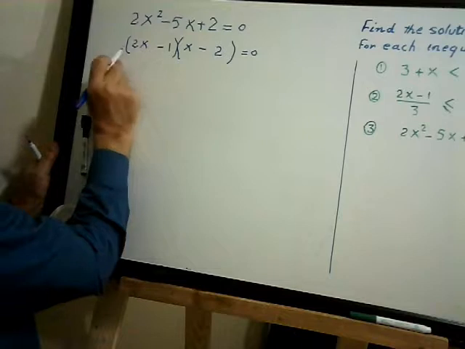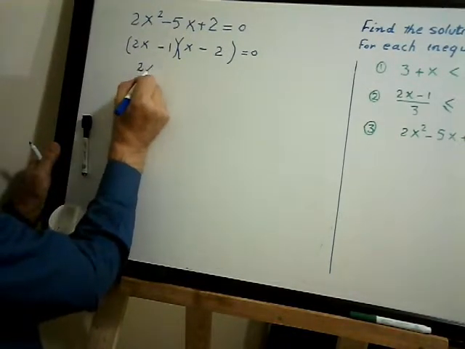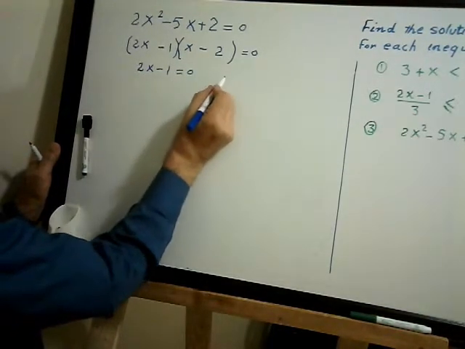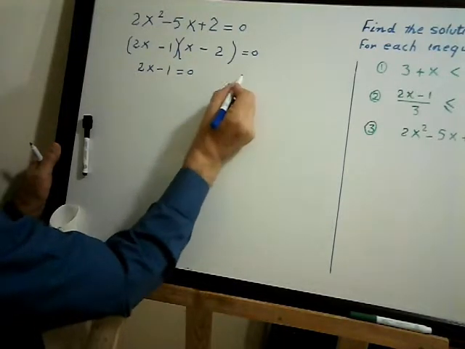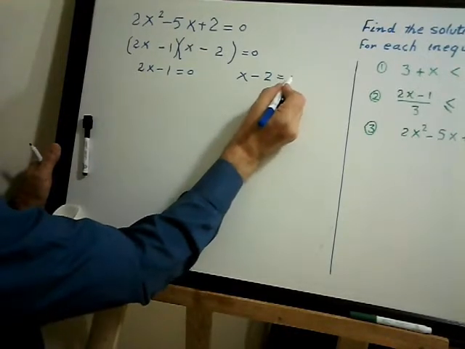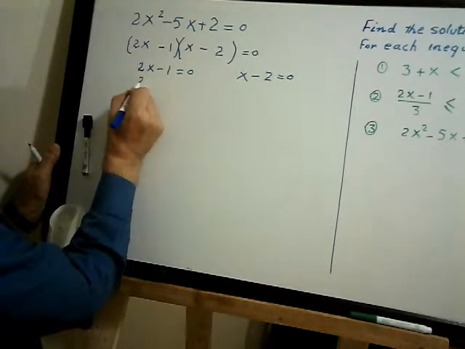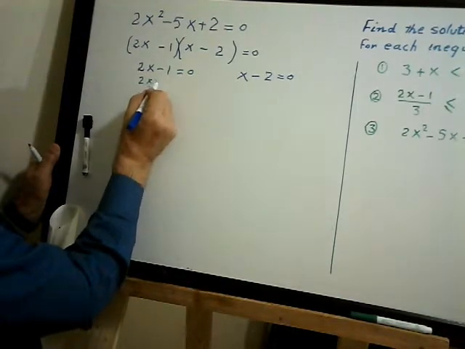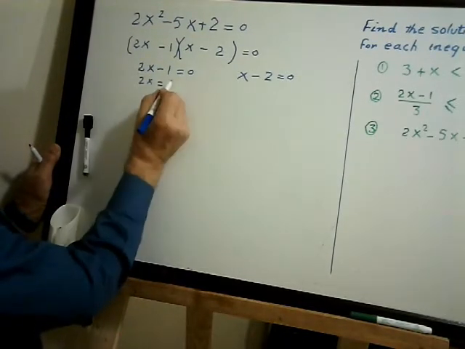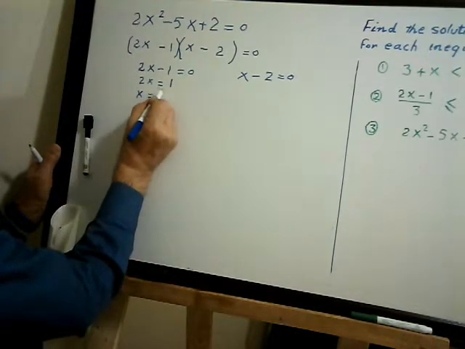That means the first factor 2x minus 1 is equal to 0, or the second factor x minus 2 is equal to 0. Here 2x minus 1 equals 0, so we transfer minus 1 to the other side, it will be plus 1, so x is equal to 1 over 2.